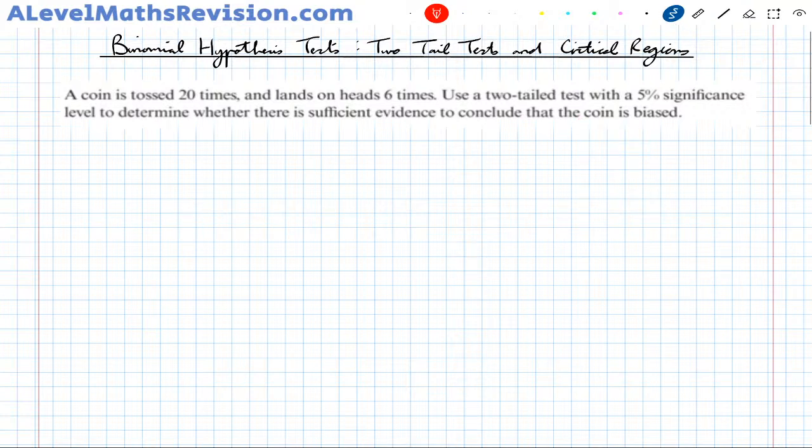It told us whether the probability of a head was more than 0.5 or less than 0.5. The coin being biased in this case means that P could be bigger than 0.5 or P could be smaller than 0.5. In fact, that means just P not equal to 0.5.